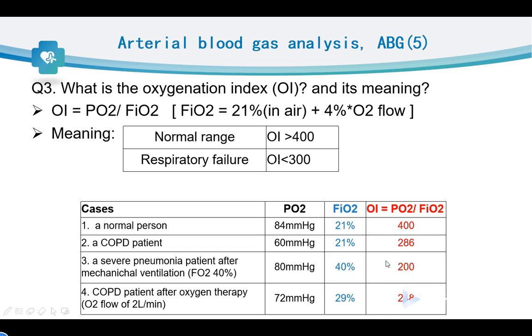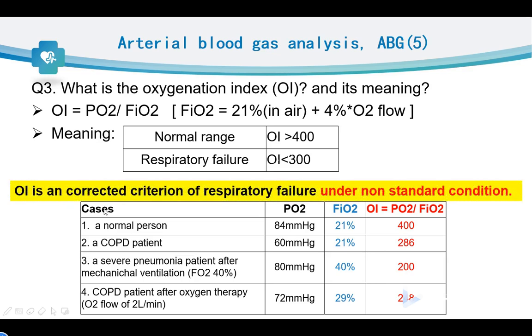But case 3 is in the worst condition because of the lowest level of the oxygenation index. So the oxygenation index is a corrected criterion of respiratory failure for patients under non-standard conditions.